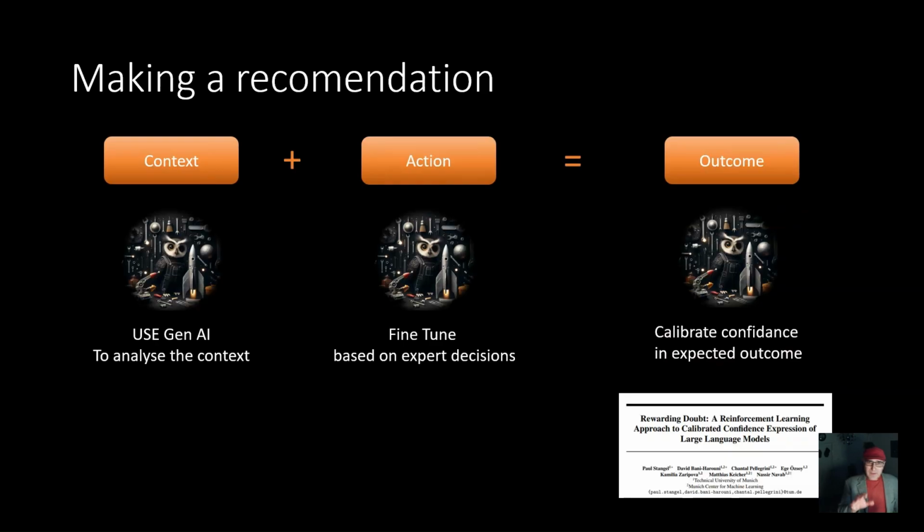And if you think about it, I can use generative AI in a few places around the decision making paradigm. Around the context, I can use generative AI and agents to understand the context better, maybe shape it better, classify it, and so forth.